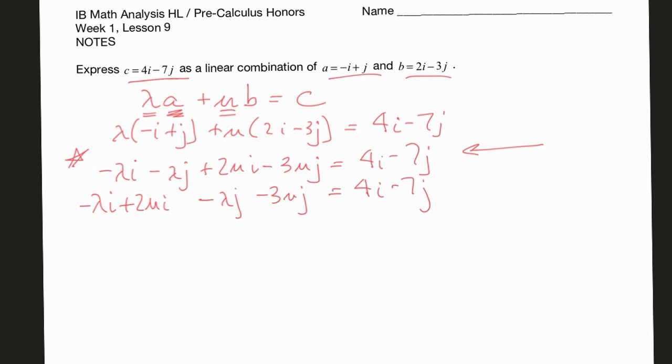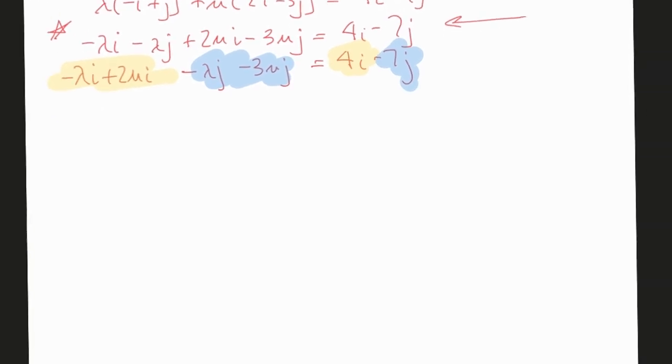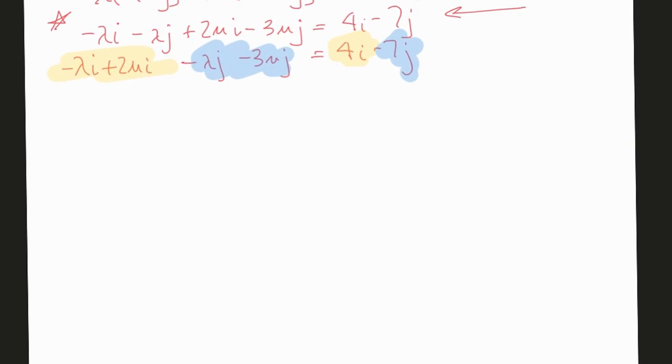I'll try to highlight for you. These two terms have an I, and these two terms have a J. To make it look even more like that side, let me factor out an I.